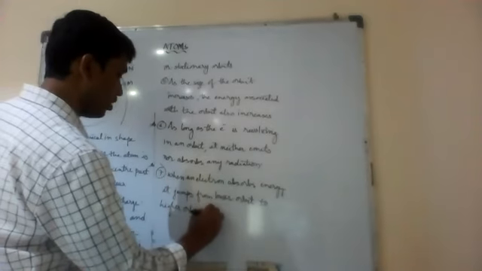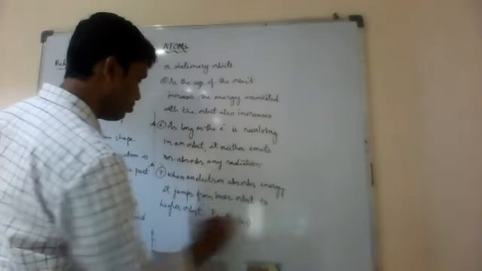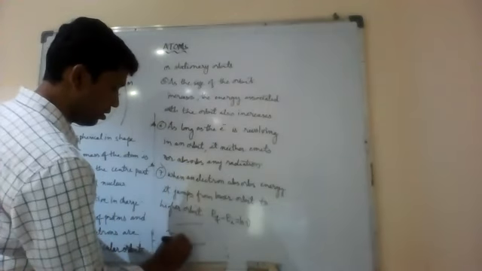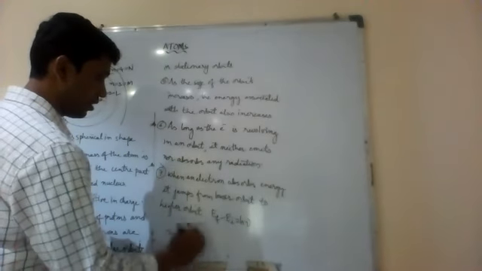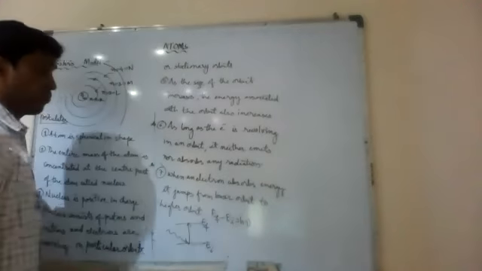So that is EF minus EI is equal to h nu. It means when an electron absorbs energy, what happens? The electron will jump like this. This is EI, initial, and final. Okay. Next one.